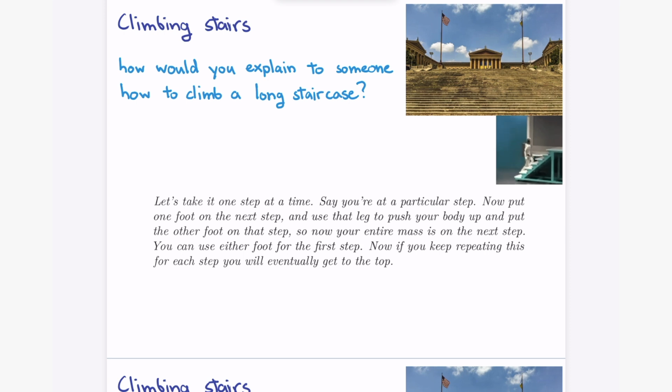I took the time to write out, trying to explain someone taking a step. But the real key idea that I'm sure everybody realizes is that you would explain how to take one step, and you wouldn't then explain how to take the second step as if it were different. You just say, do the same thing again and again and again, and I promise you'll get to the top. That's how everyone would do this.